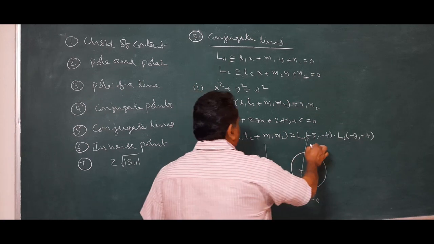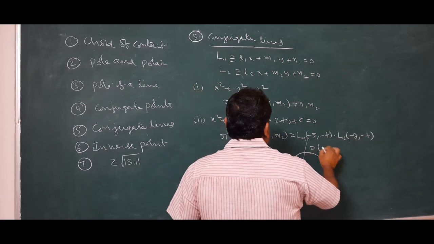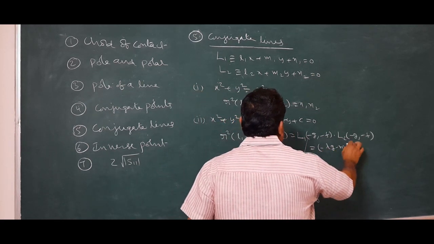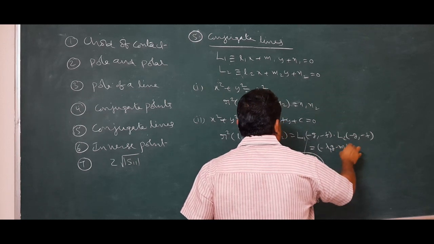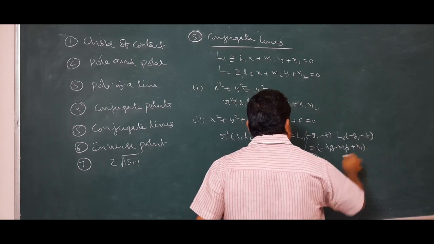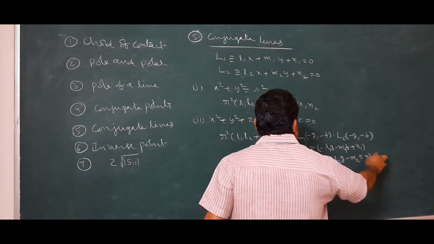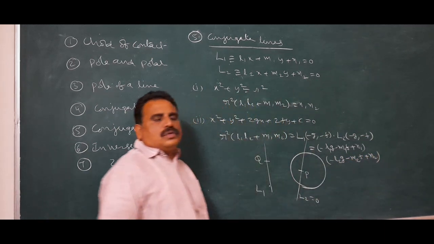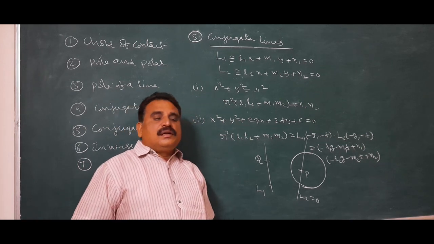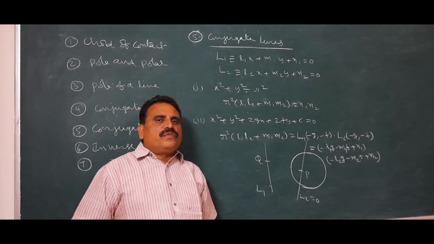That is nothing but (minus L1g minus M1f plus N1) into (minus L2g minus M2f plus N2). So we can easily get the value of K.